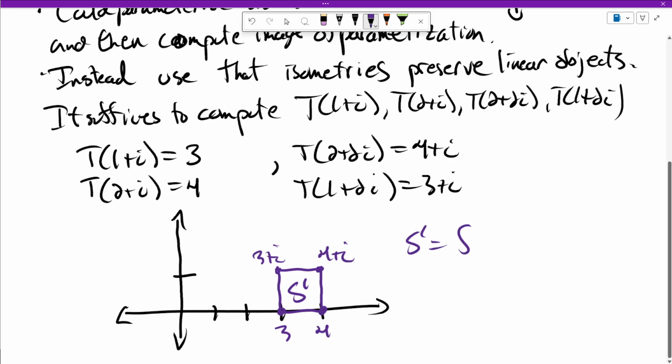This is T of S. So these translations, and we'll see in a little bit how to express other Euclidean isometries or non-isometries but linear, like scaling, have a pretty clear effect on things, and so we don't have to rely on parameterizations necessarily to compute images of curves or regions.